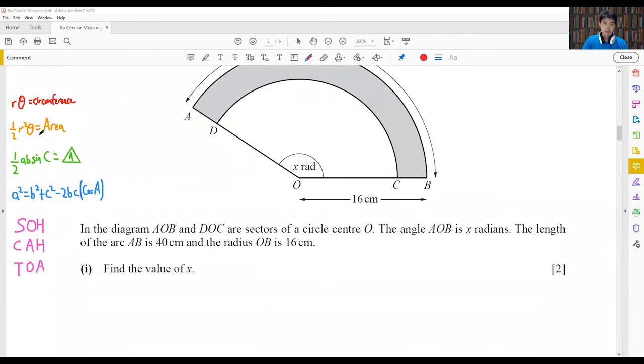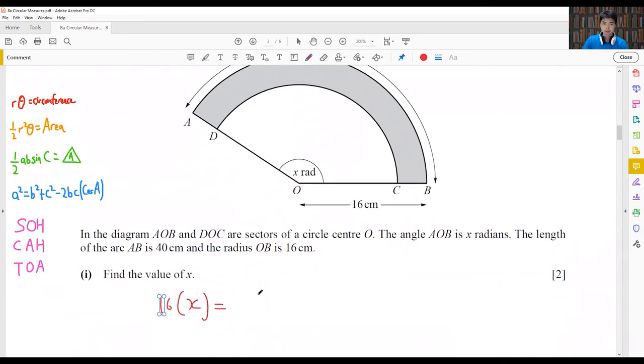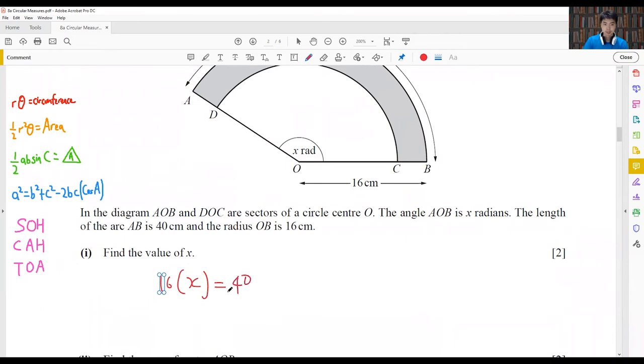To find the value of x, we're going to use this circumference formula here. r theta, r which is 16, theta which is unknown x, is equals to 40 as shown in the diagram here. So x would therefore be 40 over 16, which is then 2.5 radian. Okay, so x is 2.5.